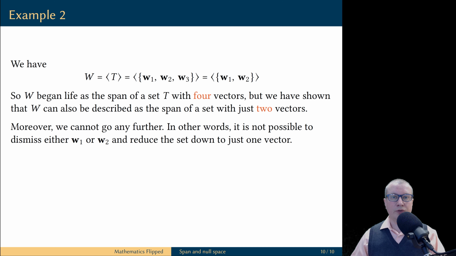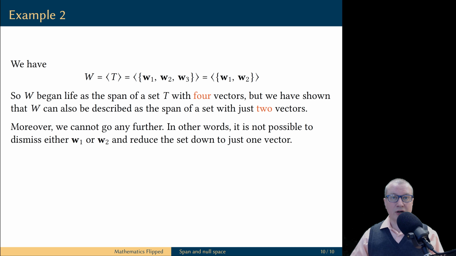Let's recap what we achieved in this example. We started with a set T of 4 column vectors. Then we showed that you do not need the vector W4 to construct the same span. And then next, we showed that you do not actually need vector W3 to describe the same span.